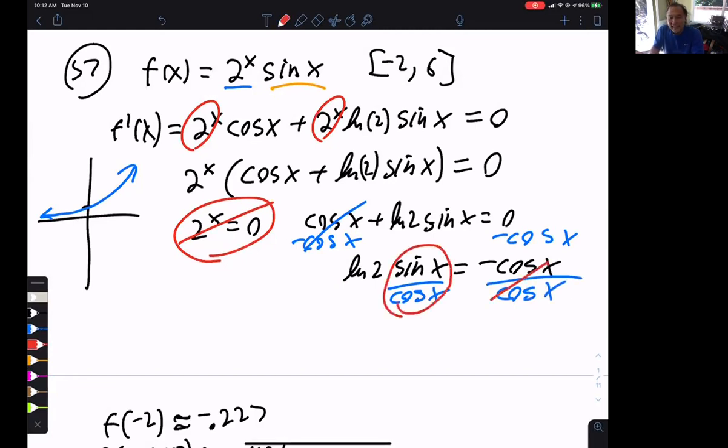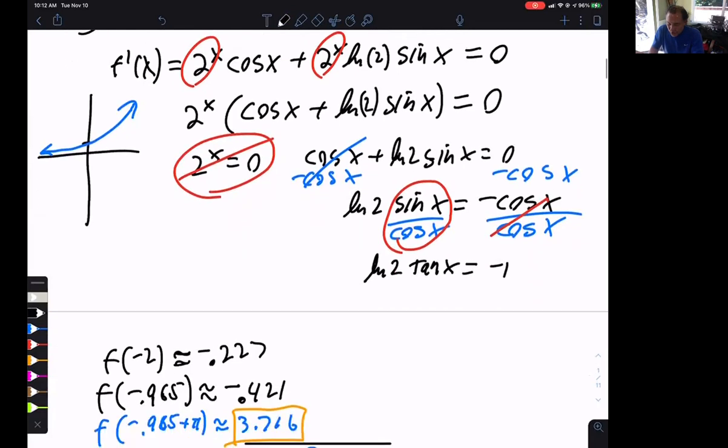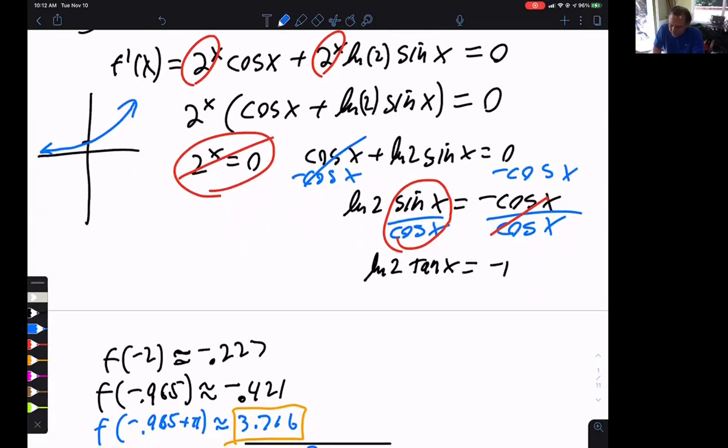This becomes tangent. Now we have only one trig function instead of 2, and it becomes nice. We're going to divide both sides by ln of 2, and we have tan x equals -1 over ln of 2.